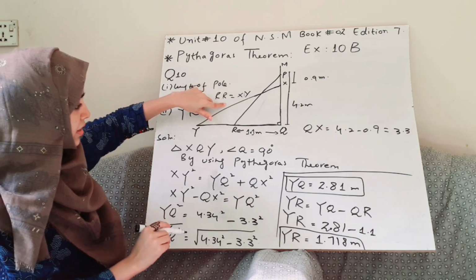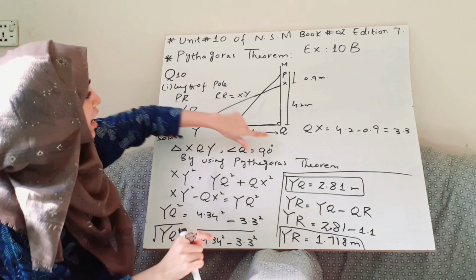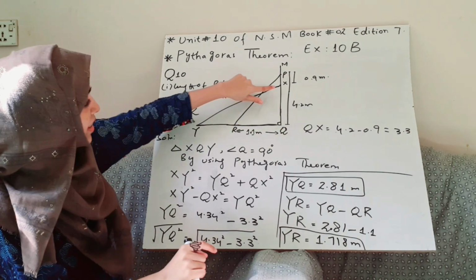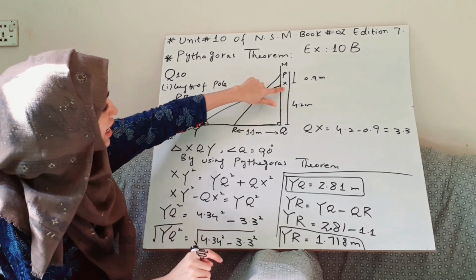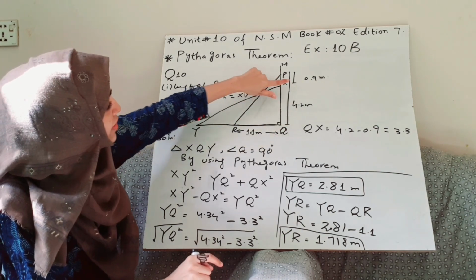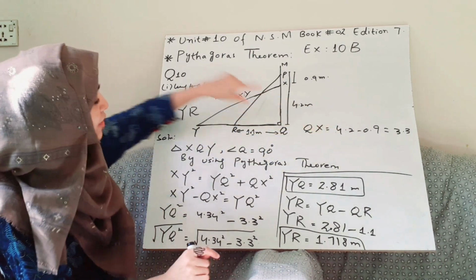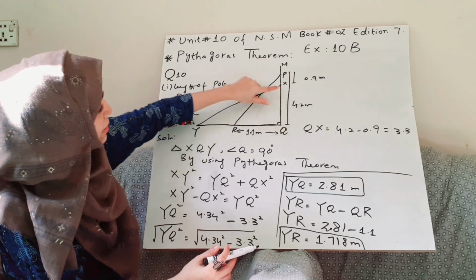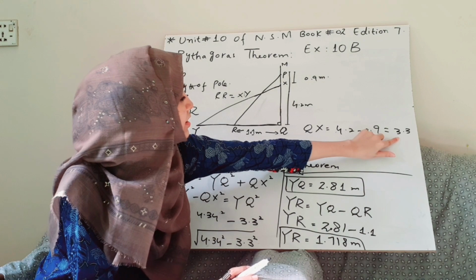We know the hypotenuse and we have to find YQ. We are given PQ as 4.2, but we have taken triangle XQY, so we have to find XQ. We have PQ as 4.2 and PX as 0.9. When we subtract 0.9 from the total, 4.2 minus 0.9, we get QX as 3.3 meter.